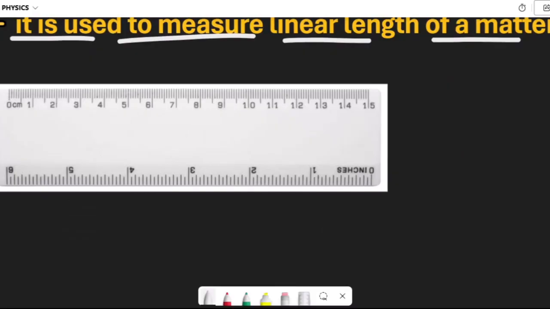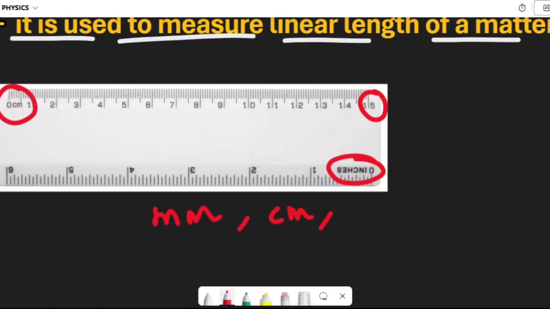On this side, it starts reading from centimeter, from 1 down to 15, while on this side we have inch. Inch is larger than centimeter. So on the meter rule, millimeter is less than centimeter, and centimeter is less than inch.